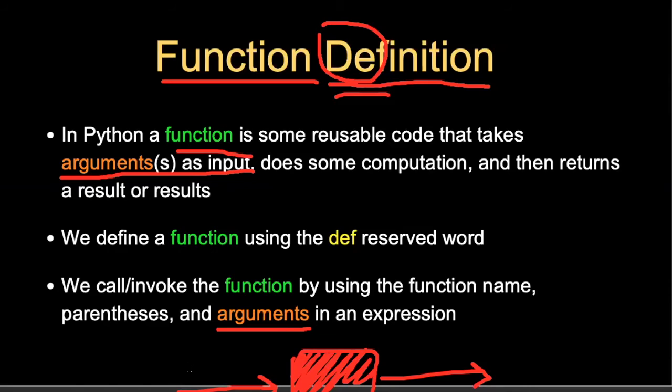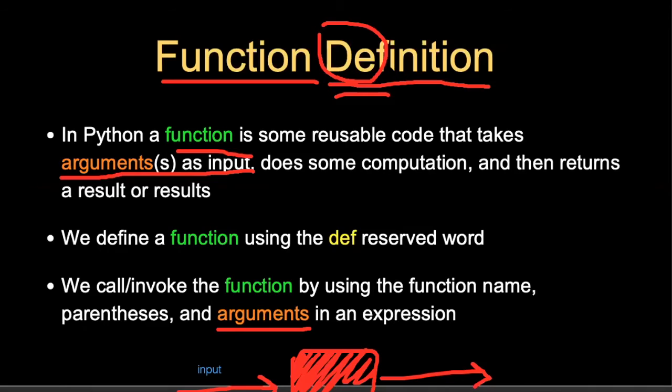This input is what we call arguments. I'm going to be cautious because you can have one argument going in, or multiple of them. So this input is generically a collection of arguments, one to many. Or it could be zero, because sometimes you don't need an argument going into the function to execute it. So externally, what goes into the function is what we call arguments.